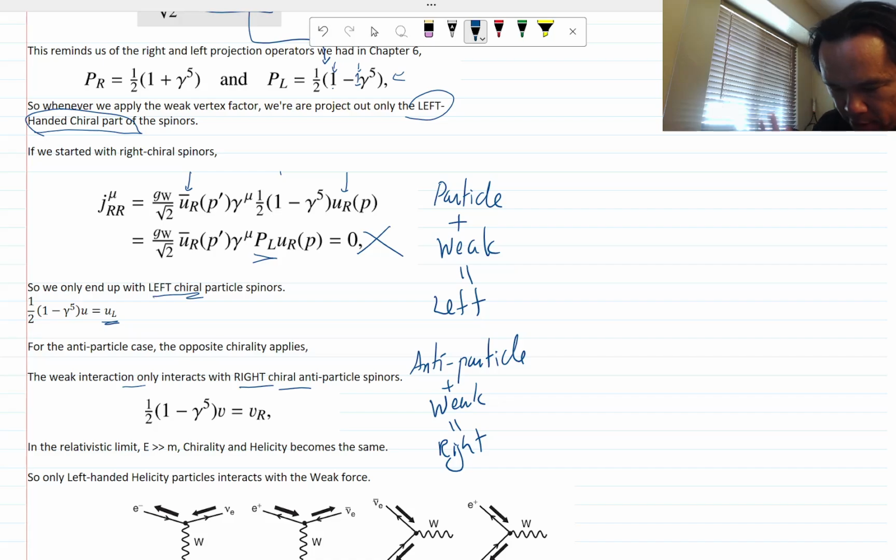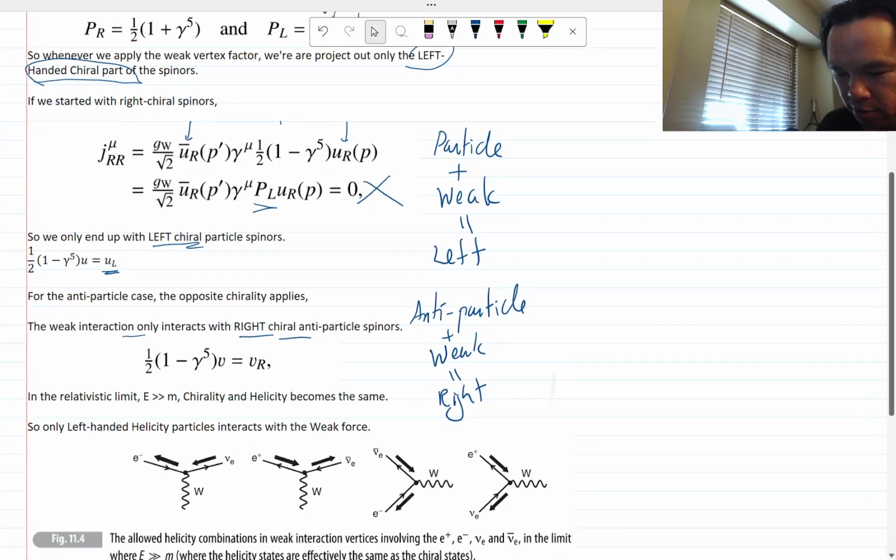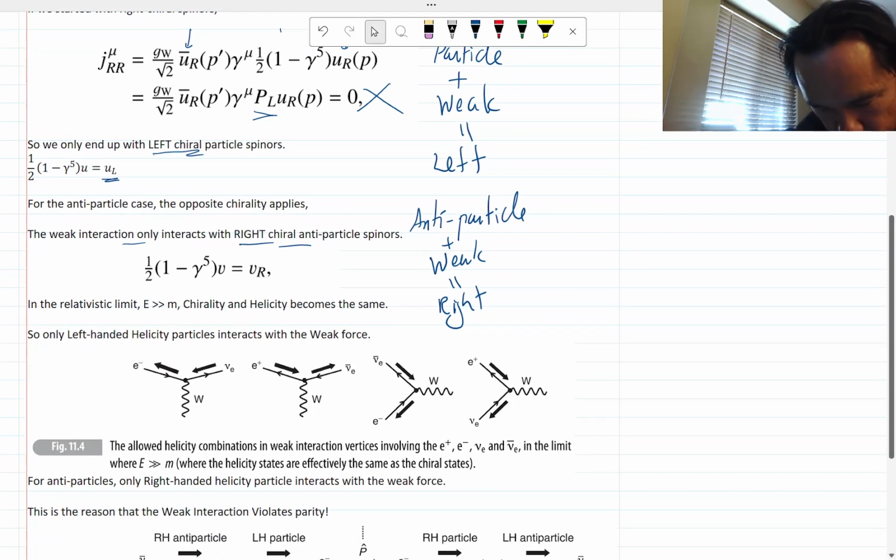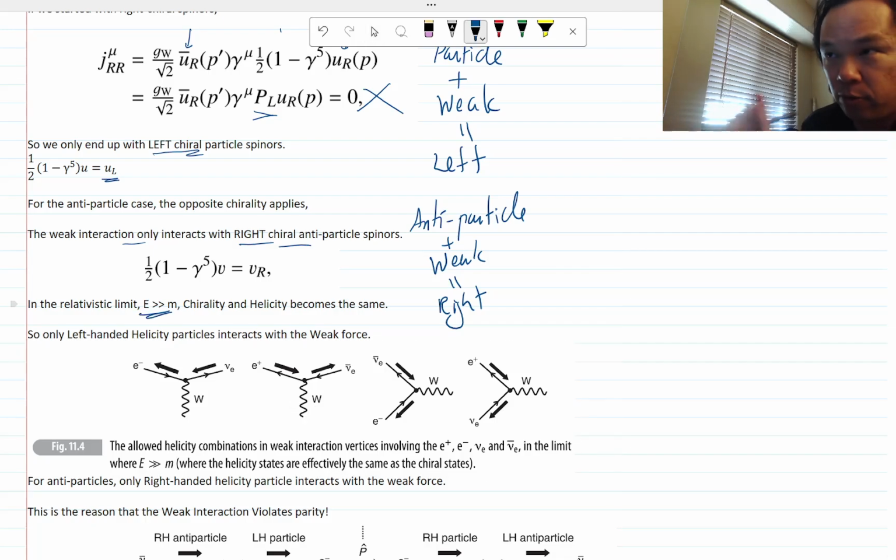So just remember one of them, and always remember that whenever you go from particle to antiparticle, there's always a sign flip. In the relativistic limit, where the energy of the particle is much higher than its mass, chirality and helicity basically become the same thing in the high energy limit.